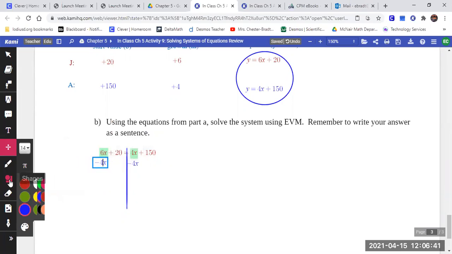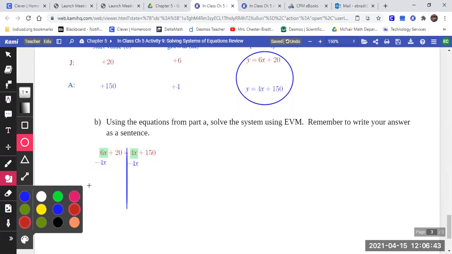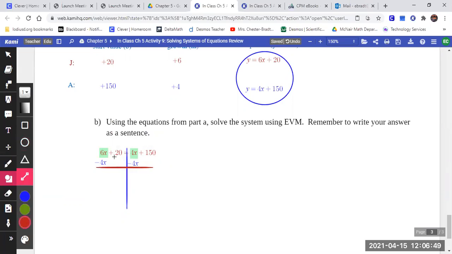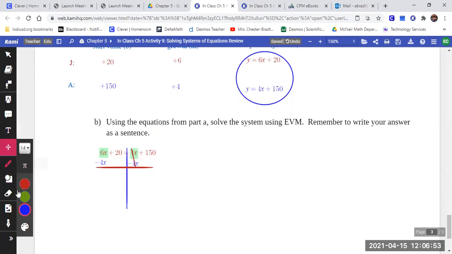Right? And then I do the math to figure out what's left. My 4x is gone. What's the left side going to say? Do the math. 2x plus 20. And we're staying in balance, so it has to equal what was left on the right-hand side, 150.